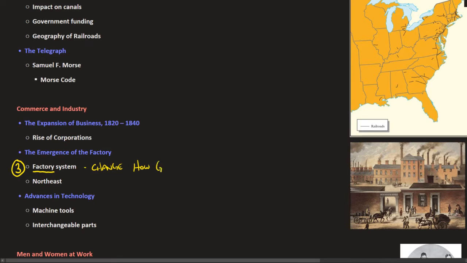Of course, this has all sorts of effects. This changes society, this changes culture, this changes politics, this changes family life, right? So this one is a rather big one, but we're just going to summarize it as changing the way that goods are made.